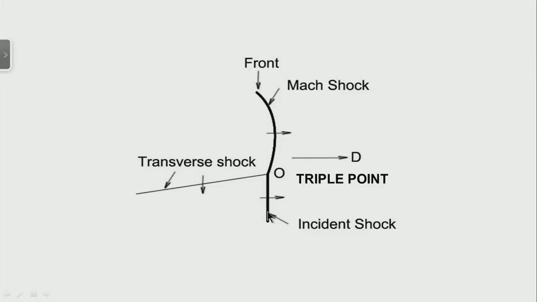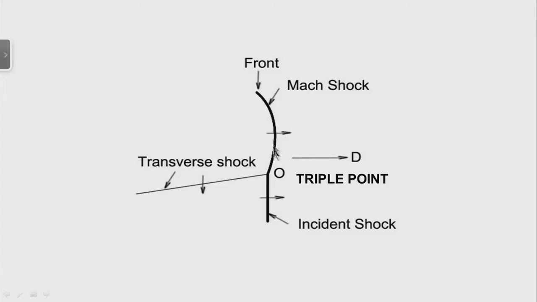We have something like a Mach wave reflection, and the front of a detonation consists of a Mach stem shock and another shock known as an incident shock, and a lateral shock known as a transverse shock. This is how it looks in a two-dimensional format. The intersection of the three shocks over here is what we call a triple point.